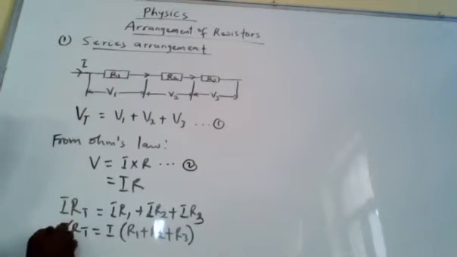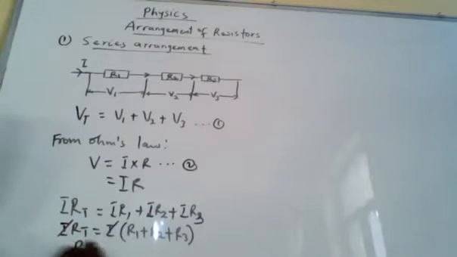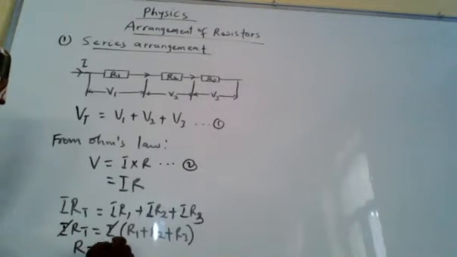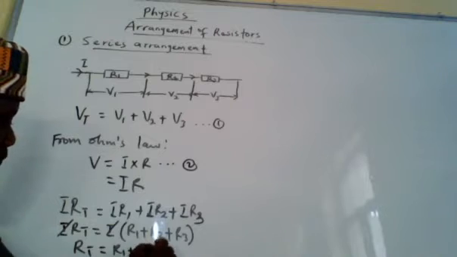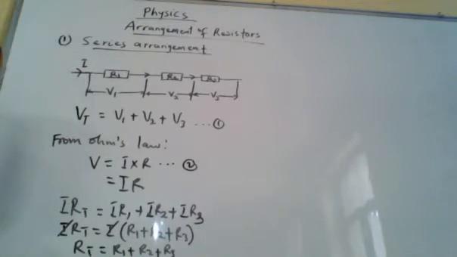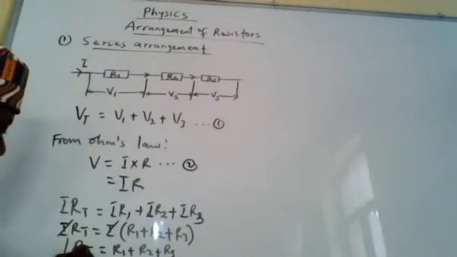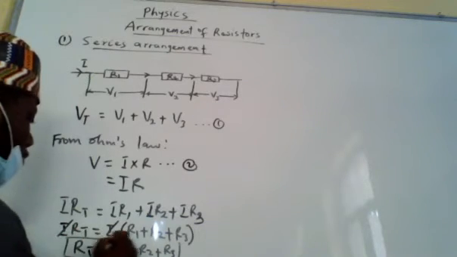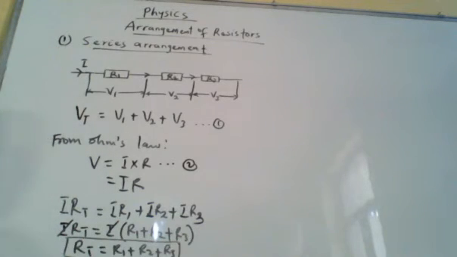Okay, I can cancel this I. I'm going to be having my R total equals R1 plus R2 plus R3. So this is the formula that can be used to calculate total resistance of resistors in series. Total resistance of resistors in series.